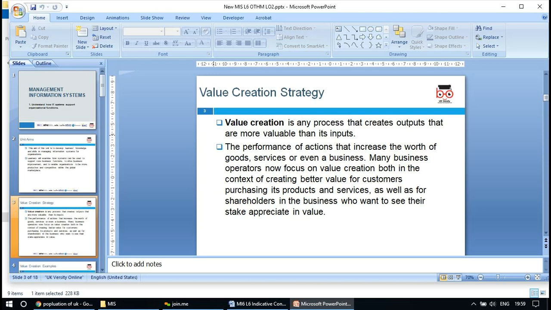Now, value creation is the performance of actions that increase the worth of goods, services, or even a business. Many business operators now focus on value creation, both in the context of creating better value for customers purchasing its products and services, as well as for shareholders in the business who want to see their stake appreciate in value.